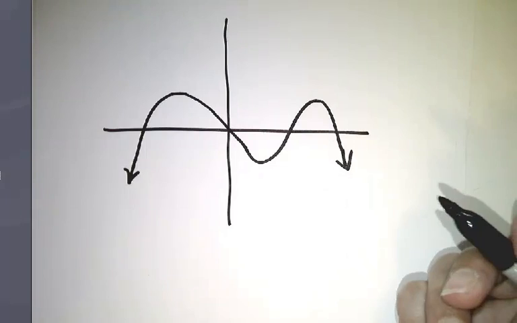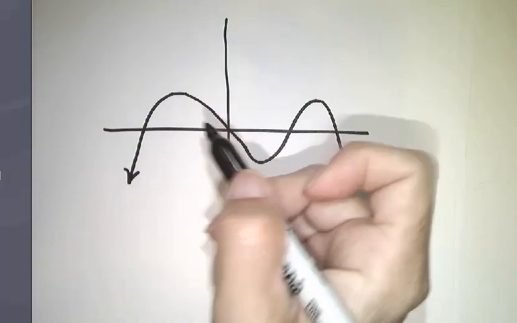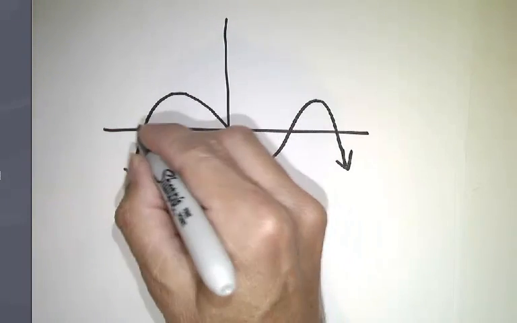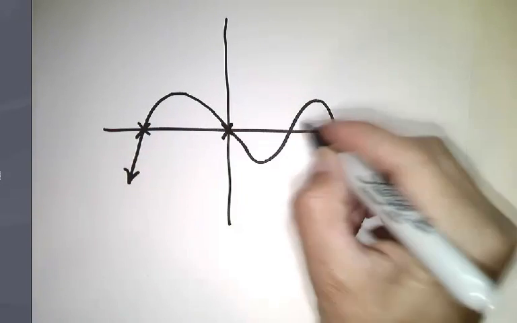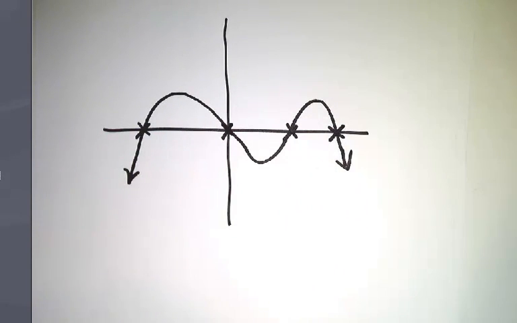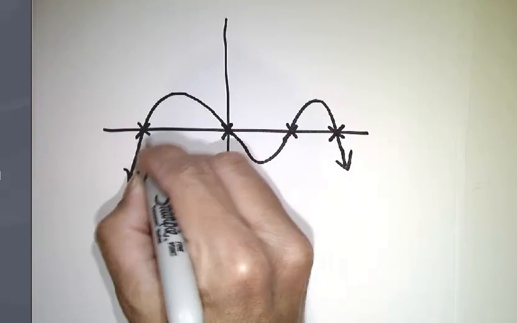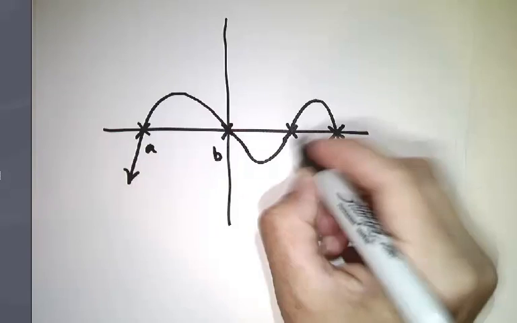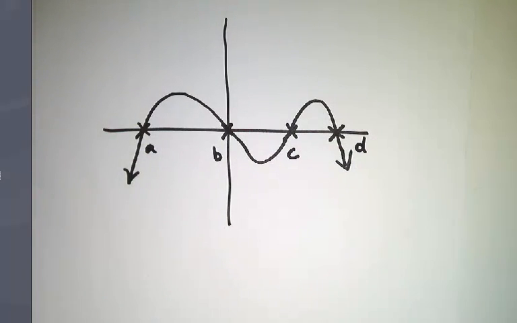Okay, so just like before, let's identify those special points that will be special to us for the rest of this course. They're called the zeros of our function. They're the places where the function crosses the x-axis. Let's label them, in this case, as A, B, C, and D.